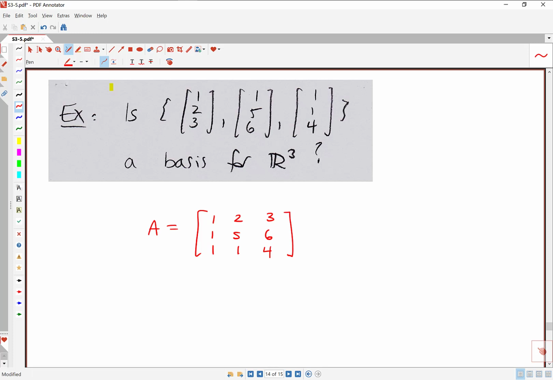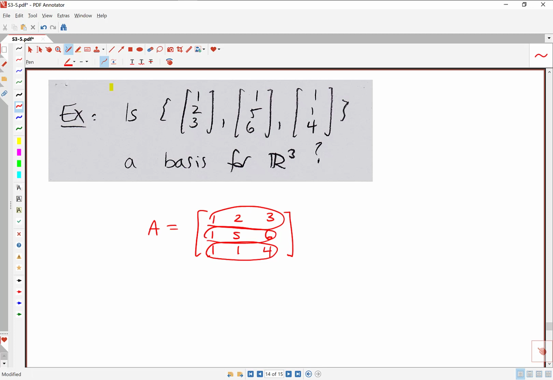So for me, it would feel natural to put these into the rows of a matrix. And then let's calculate the rank of this matrix. And once we know the rank of this matrix, then we can use the fundamental theorem of invertible matrices to decide whether the answer is yes or no.